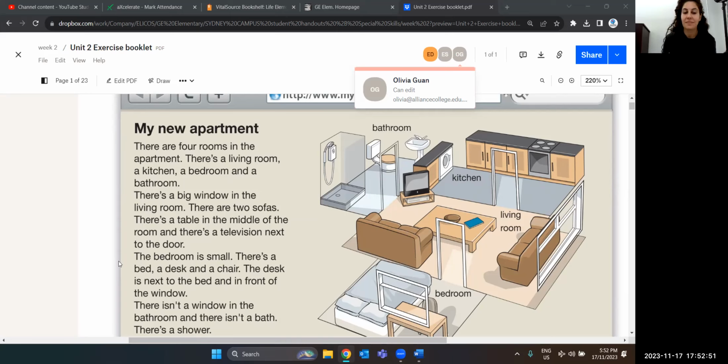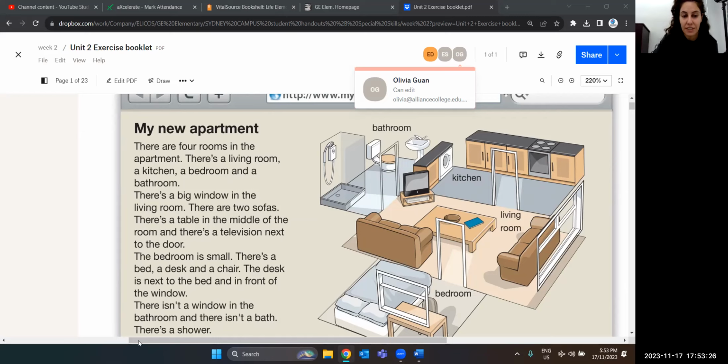And the bedroom is small. No, just one sentence. Jonathan? And a chair. Yep. Santiago? The desk. Yep. Shirley? Yep. And last sentence, Clayton.